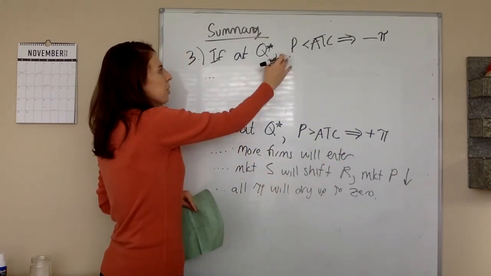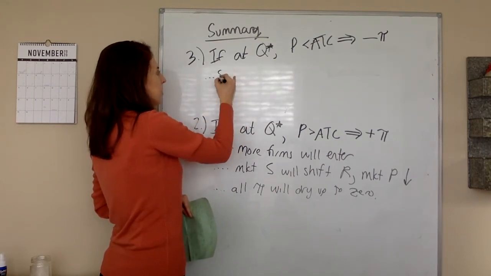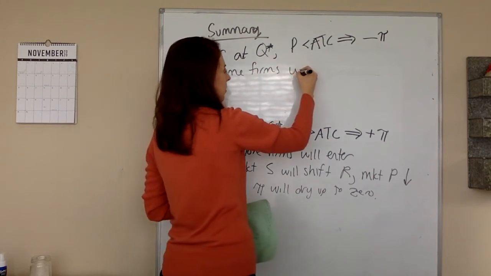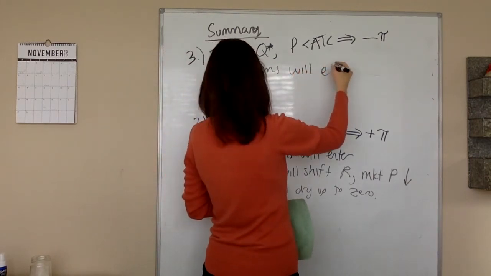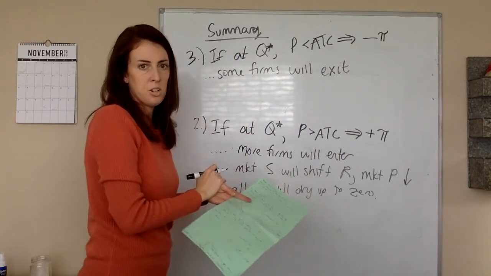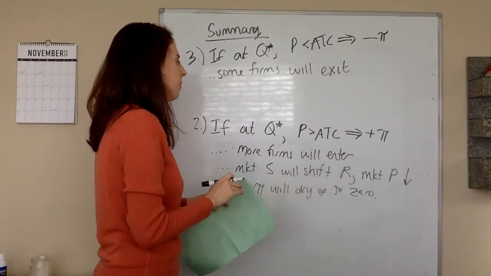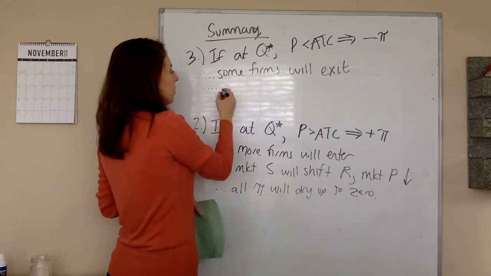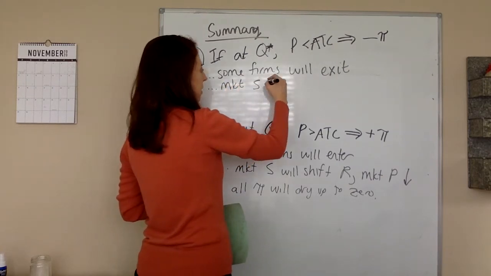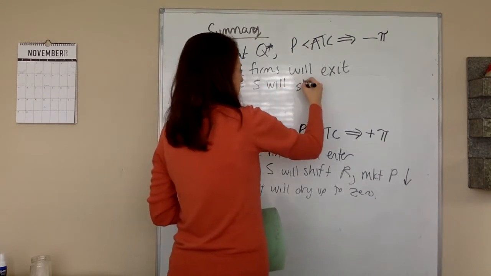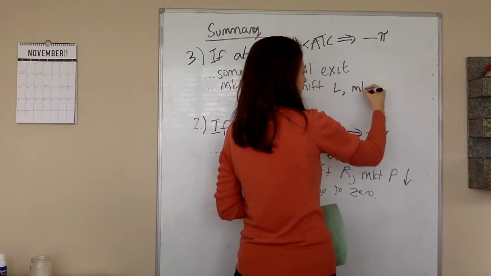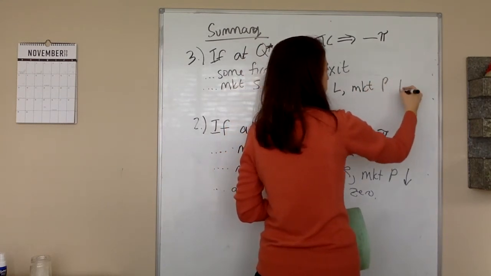So if the price is less than the average total cost, then some firms will exit the market. And recall, exiting is a permanent decision, like we're shutting down entirely. If some firms exit the market, then the market supply will shift left and the market equilibrium price will rise.